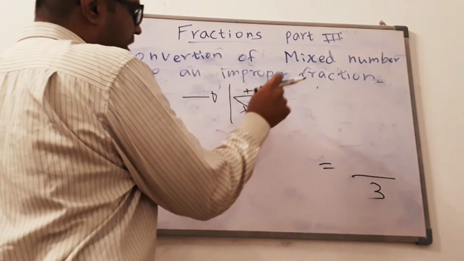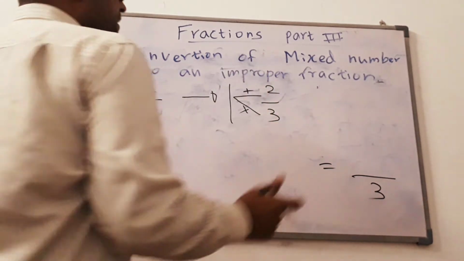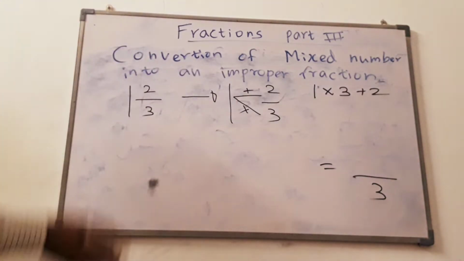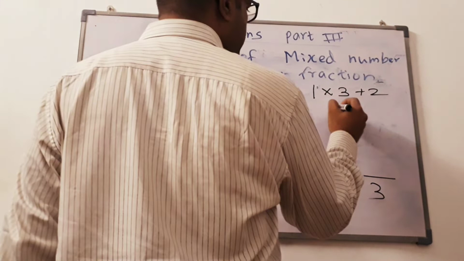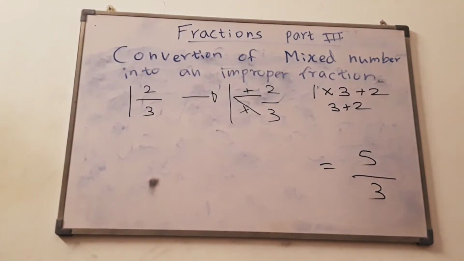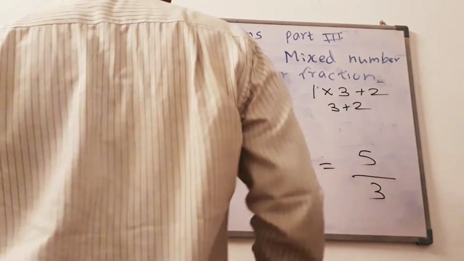First we have to multiply the denominator by the whole number, then add the numerator to the result. So 1 times 3 is 3, 3 plus 2 is 5. So 1 and 2 over 3 is equal to 5 over 3.